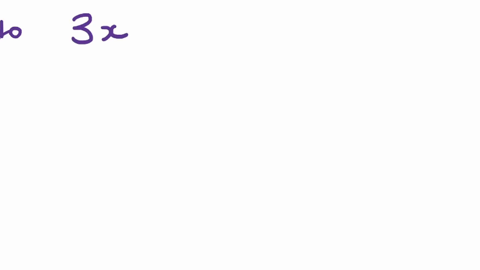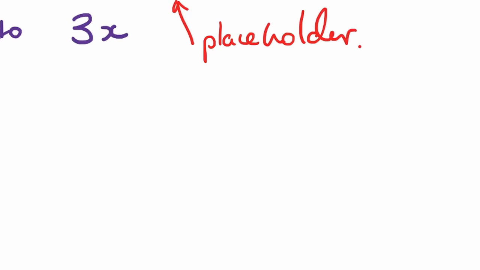Remember, x is the variable. X is our placeholder. Nothing's changed. Only thing that's changed is the 3x. So if I were to finish this one, I would substitute 5 for the x position, and then it would be 3 times 5, which is equal to 15.